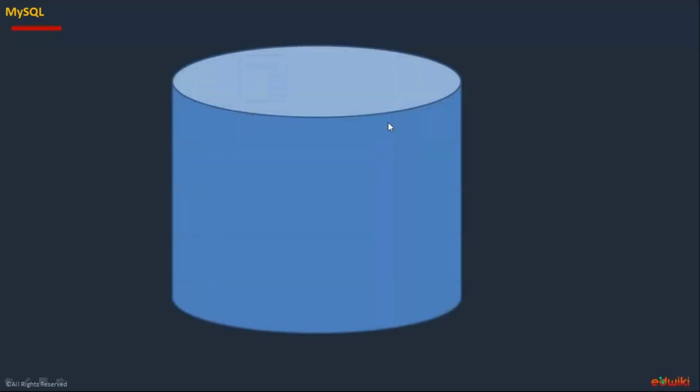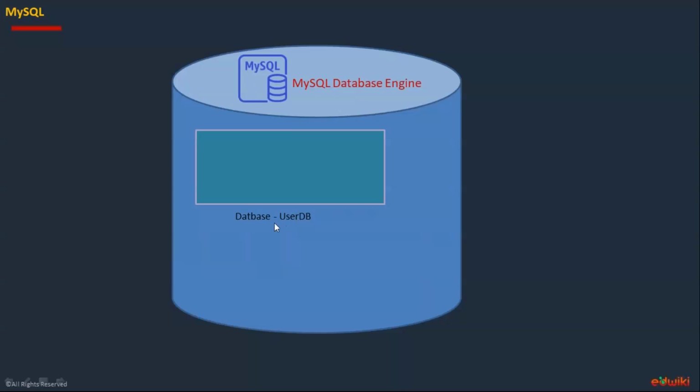So to store the data in the database, let's say this is the MySQL database, first we need to create a database. Don't get confused. That's the reason I'm calling MySQL a database engine. That means MySQL is just software, right?